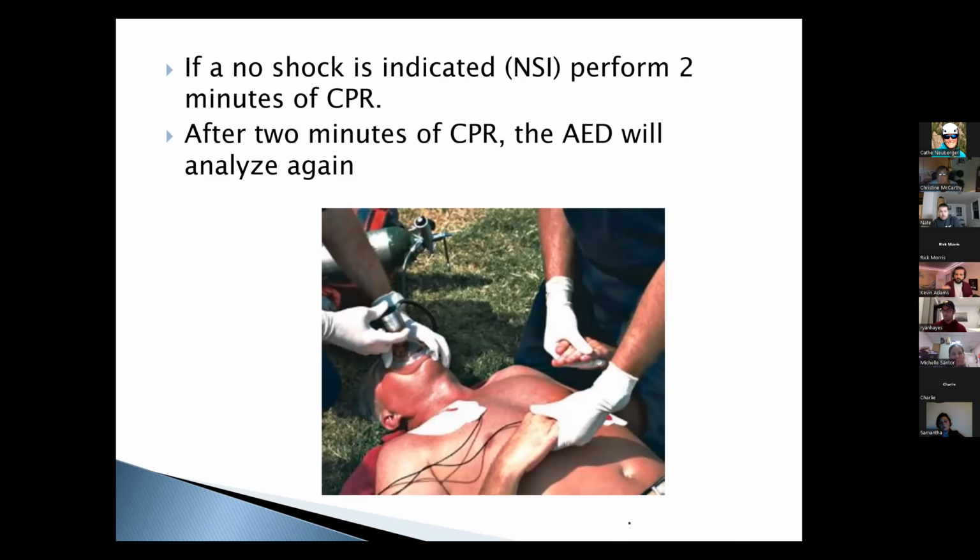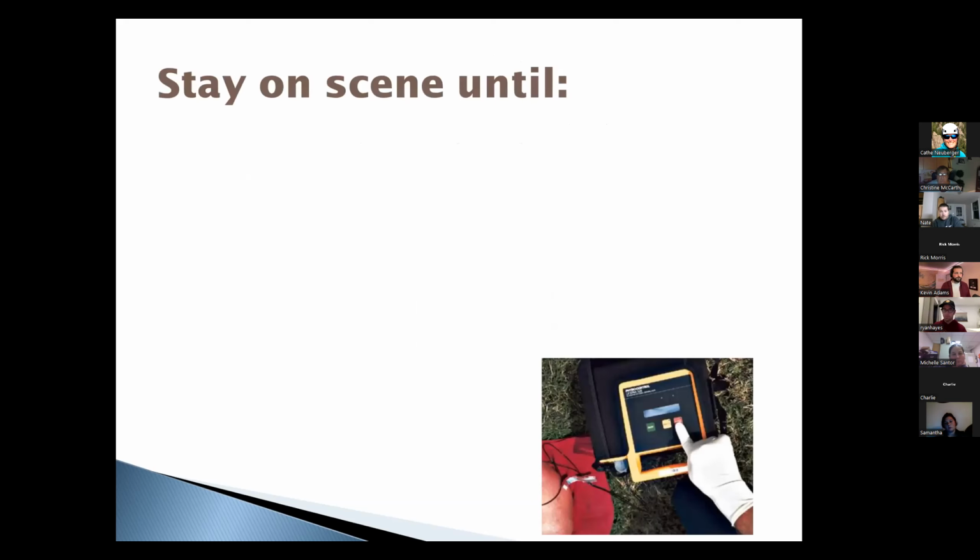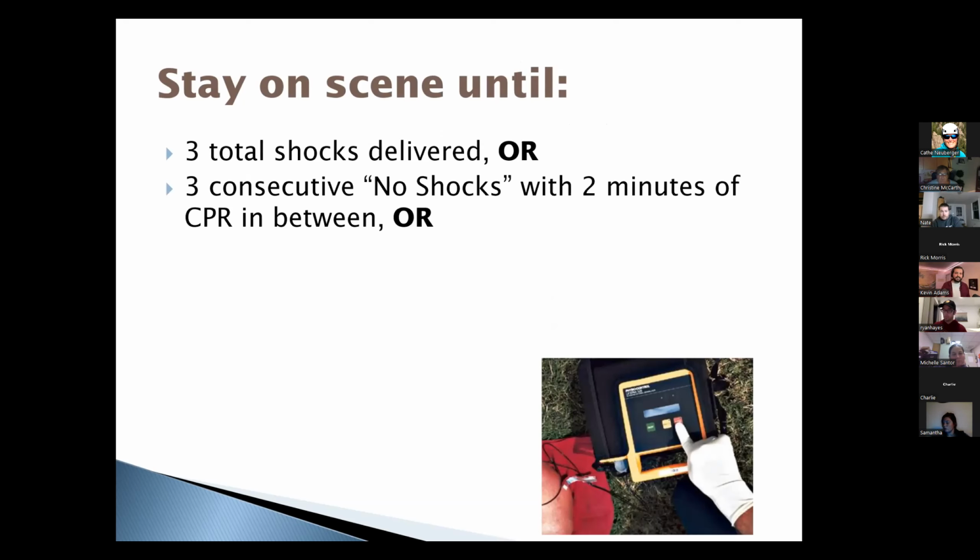If there is no shock, continue CPR, and you're going to do this every 2 minutes, essentially, until you have a determination: either you're going to transport them to the hospital and continue CPR, or you can determine them dead on scene. So you're going to stay on scene doing CPR until you've delivered 3 total shocks or 3 consecutive no shocks with 2 minutes of CPR in between.